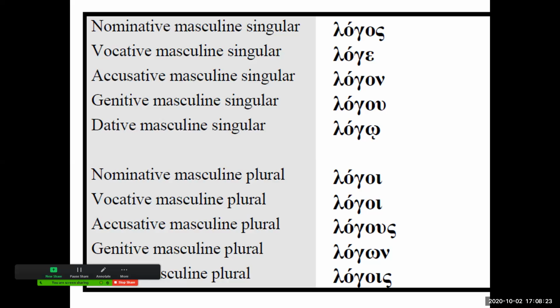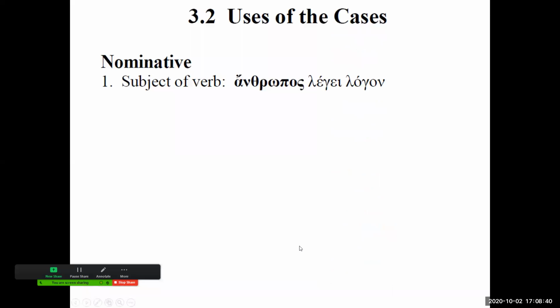And then we have kosmos, and we have oikos, house, ochlos, crowd. And then he shows us some articles, which brings us to our next subject.